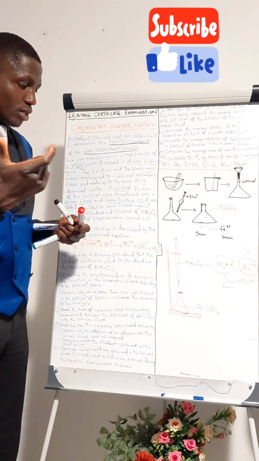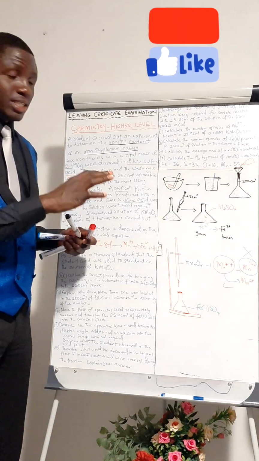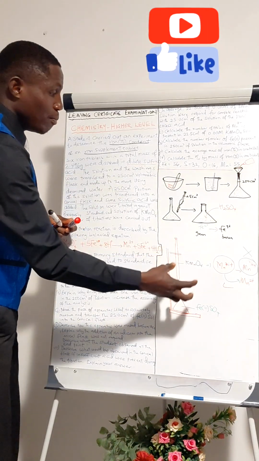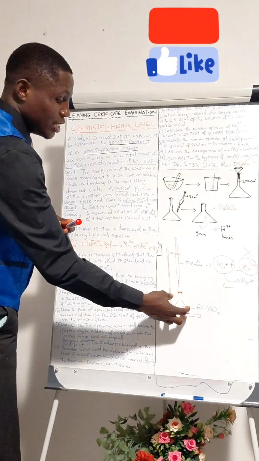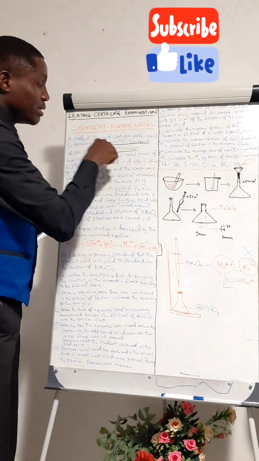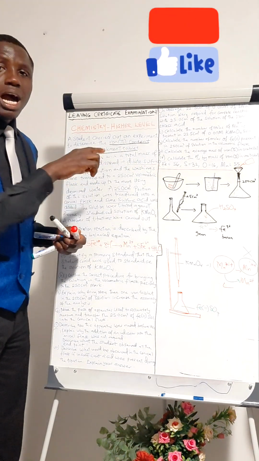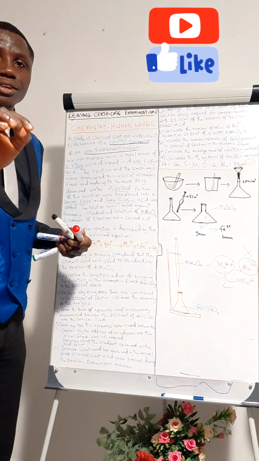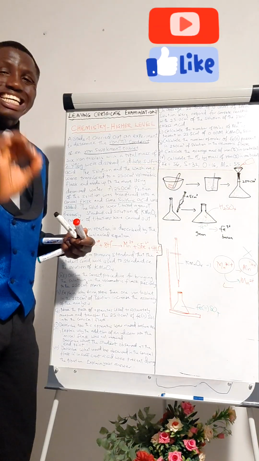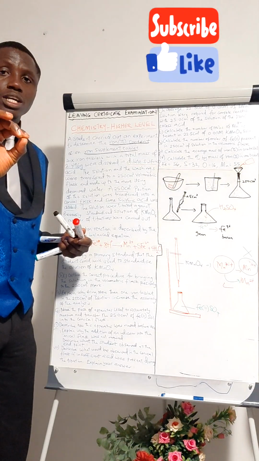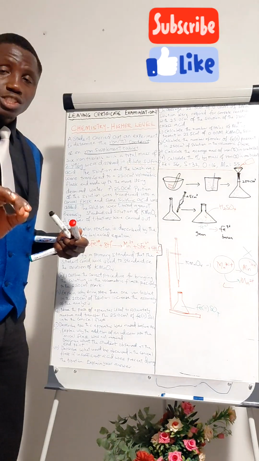What we are trying to do in this experiment is to detect the amount of iron in the iron supplement tablet. And to detect the quantity of iron, you must use a standard solution, a reagent that is of known concentration.